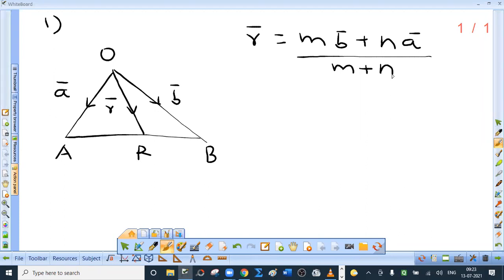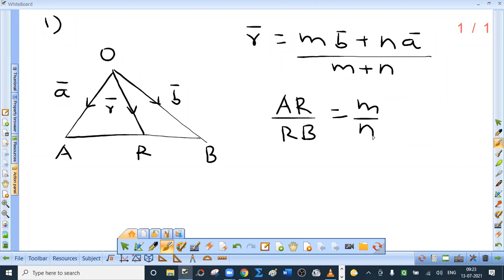Let A bar, B bar, R bar be the position vectors of the points A, B, R respectively with respect to some origin O. Now R divides segment AB internally in the ratio m is to n. That is, listen to me carefully, AR upon RB equals m upon n.